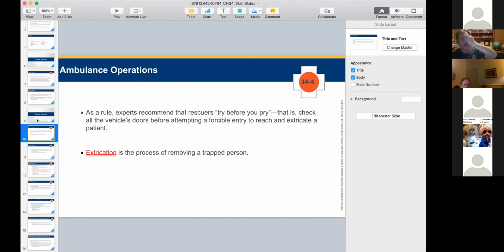So just being able to use basic tools. We don't have hydraulic spreaders or cutters up there, but we do have pry bars and crowbars and things. The biggest thing to learn is try before you pry. I have pulled up on traffic accidents where the whole driver's side of the car is completely demolished, and they're all over there focusing on the driver and how they're going to get the door open.